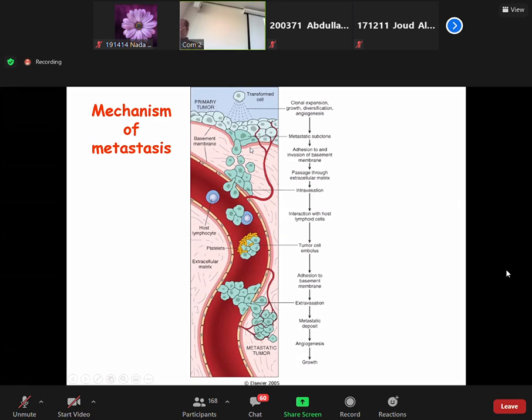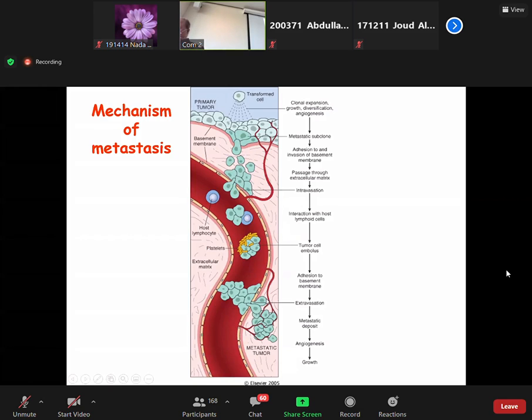Then a subclone of this carcinoma in situ will have what it takes to cleave through the basement membrane first, and then the ECM, the extracellular matrix, and then intravasate into the blood vessels, forming a tumor embolus on its way, eventually getting lodged in an area where it will extravasate and form a satellite tumor metastasis in that region. Simple as that.